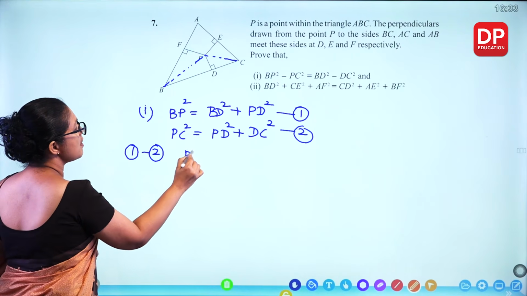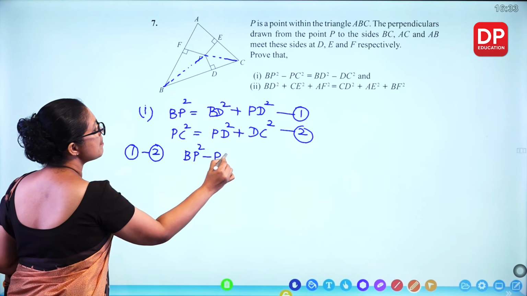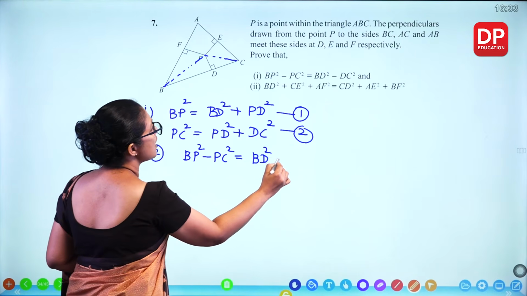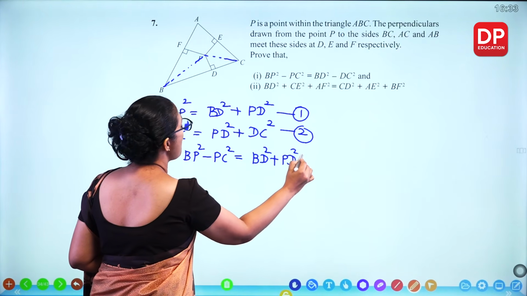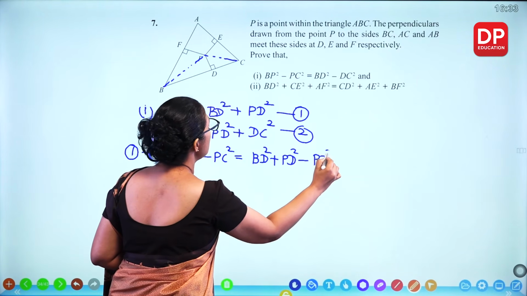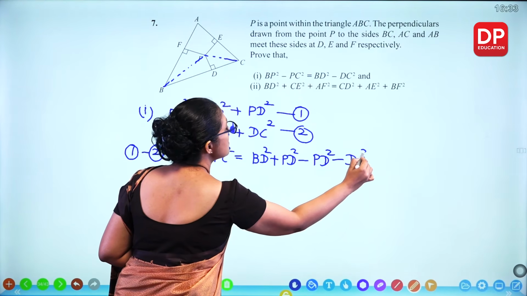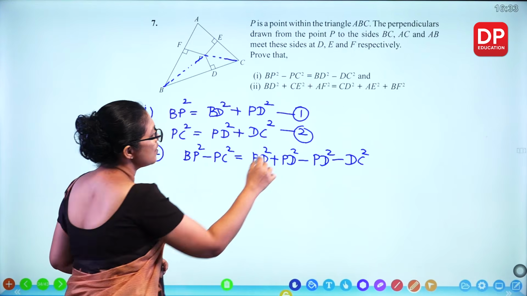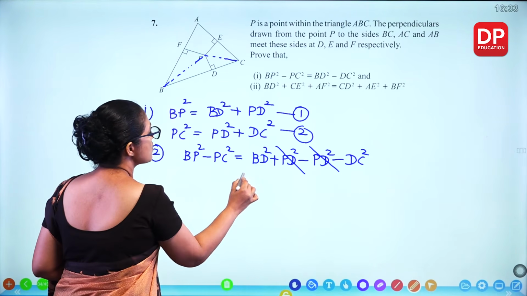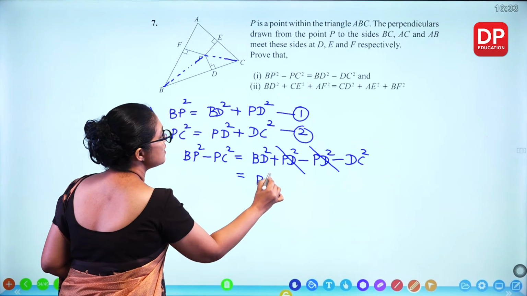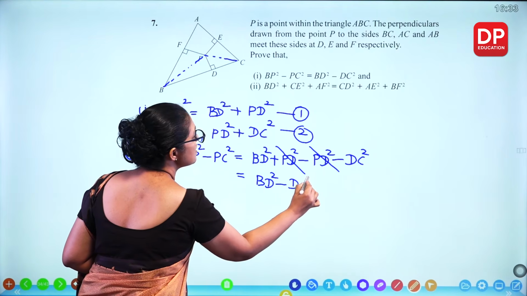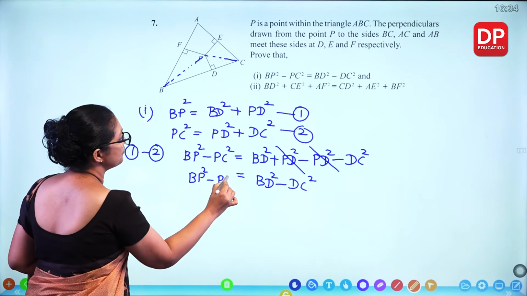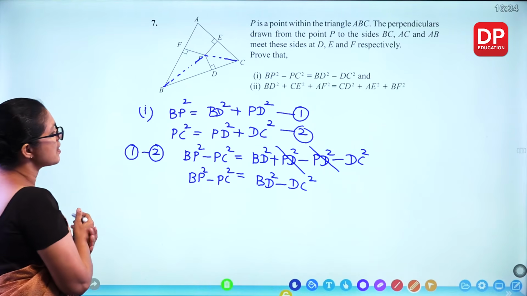So I am getting BP squared minus PC squared is BD squared plus PD squared minus PD squared minus DC squared, because I subtracted the second one. Now can you see PD squared gets cancelled out? So I get BD squared minus DC squared. That's the first part.